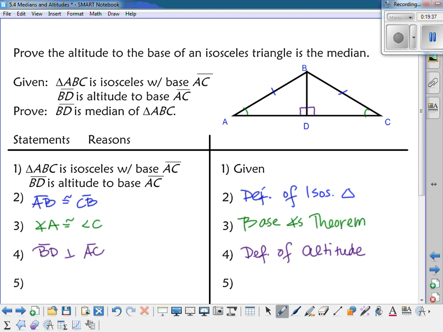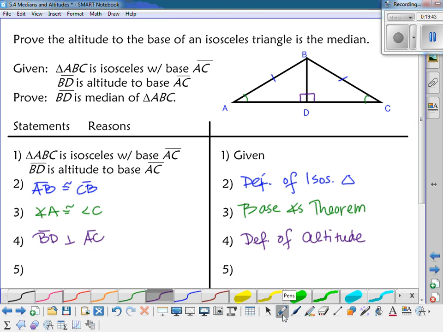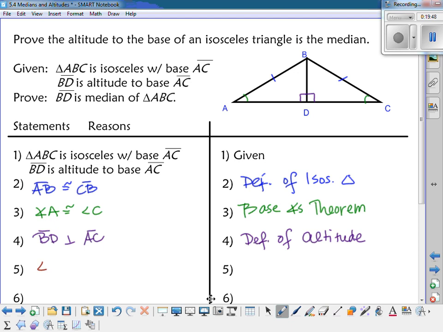If they're perpendicular, then they're making right angles. So angle ADB and angle CDB are right angles, because perpendicular lines form 4 right angles.